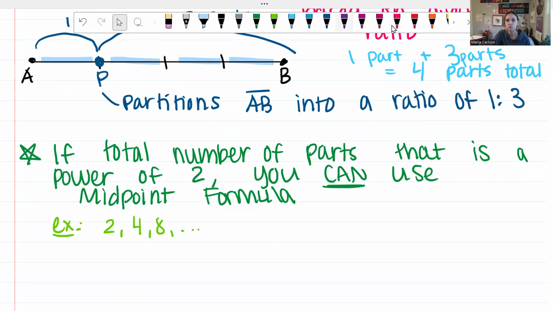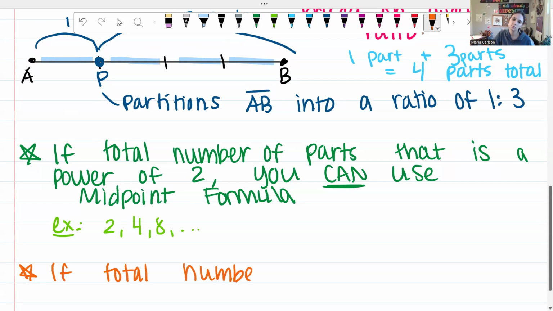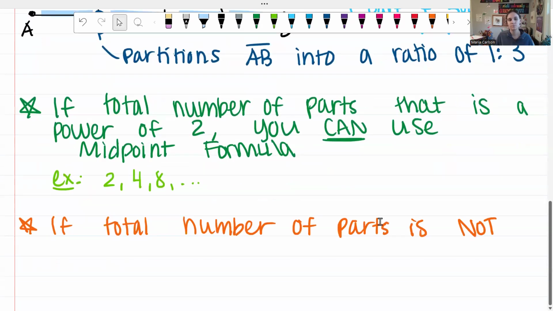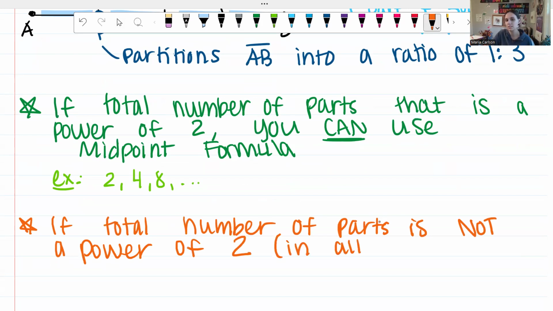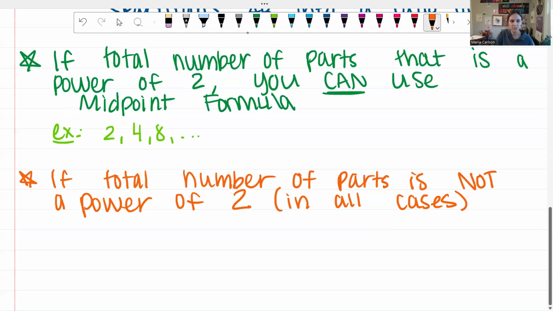Or, which color do I want to use? I guess orange. If the total number of parts is not a power of 2, and really, in all cases, this works, we can use the section formula.